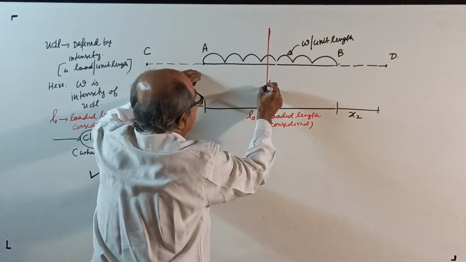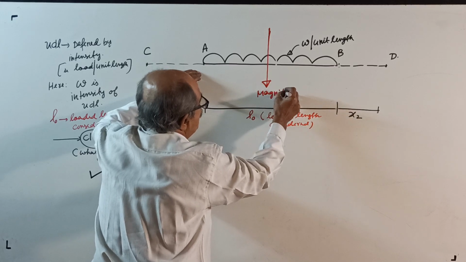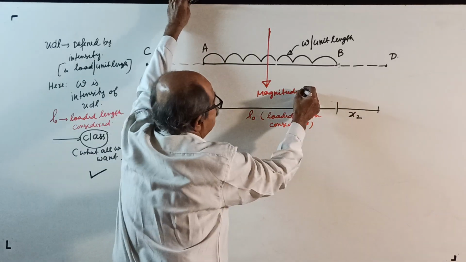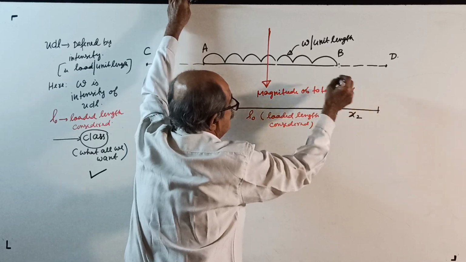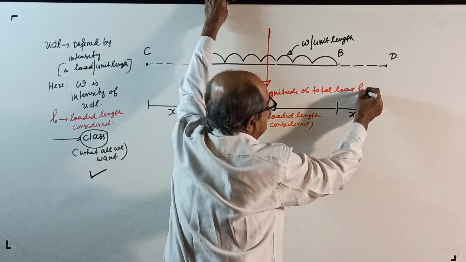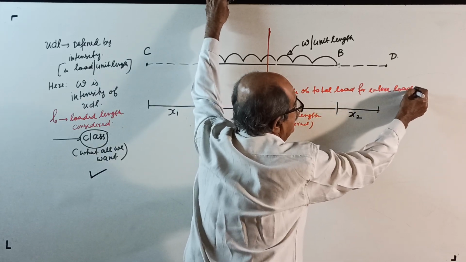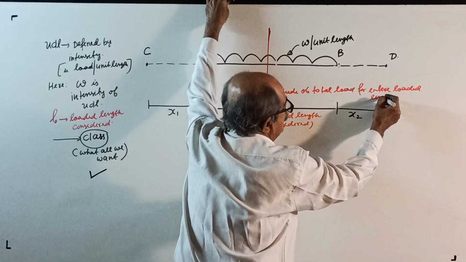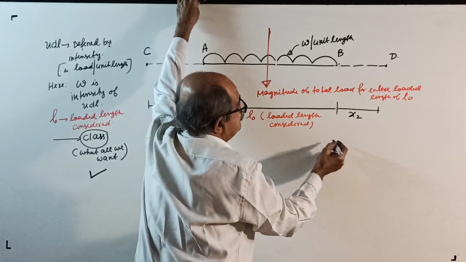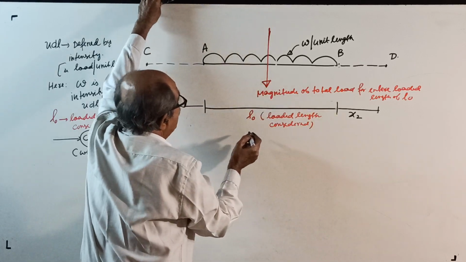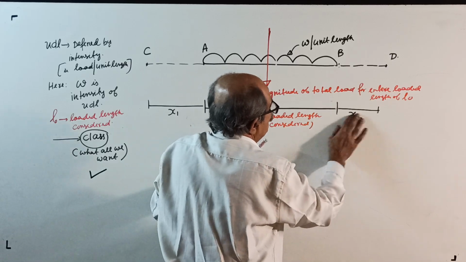This is the magnitude of total load for entire loaded length of L0. Now write somewhere here. Where should I write now? Okay, I can't write there. I'll remove this x1, x2 now. Okay, I'll remove it.